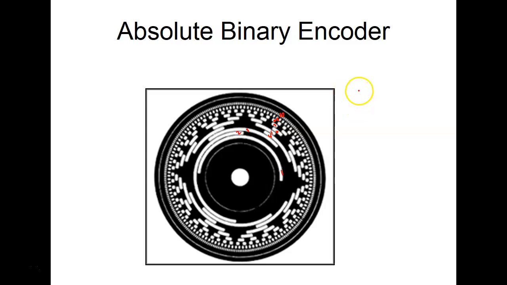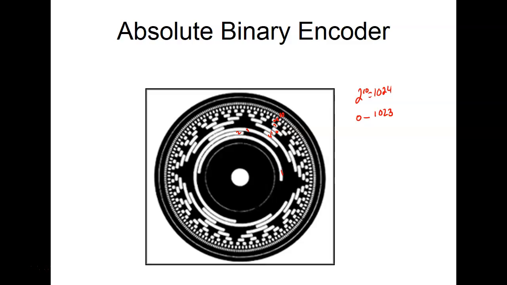So 10 bands would be 2 to the 10th, which is 1024. Even with all these bands, we could only represent positions between 0 and 1023. And you can see as I add bands, the little gaps get smaller and smaller, which is going to be a lot harder to sense.